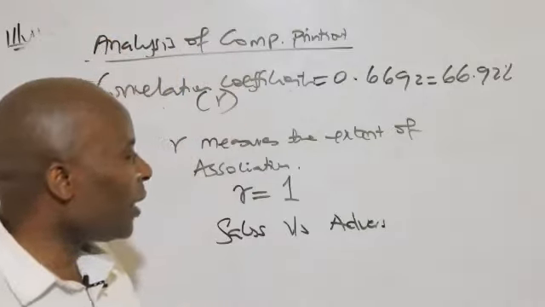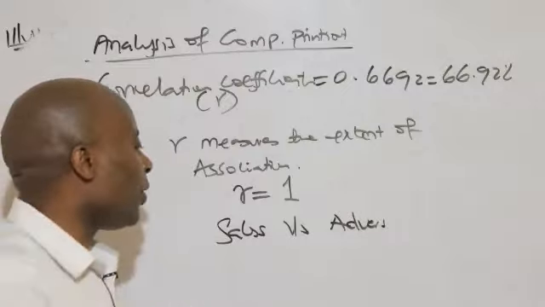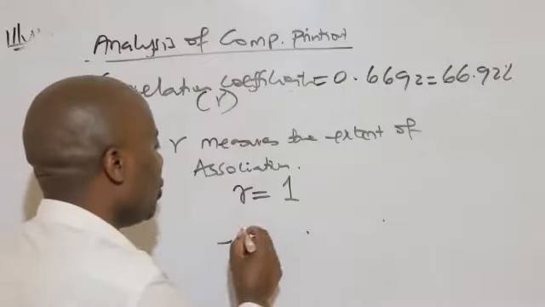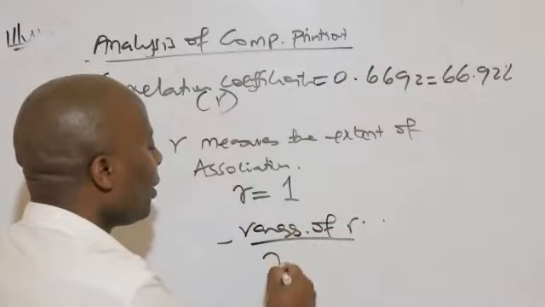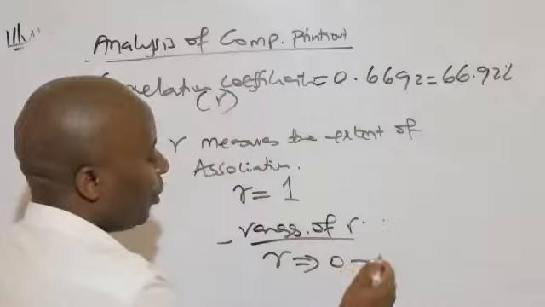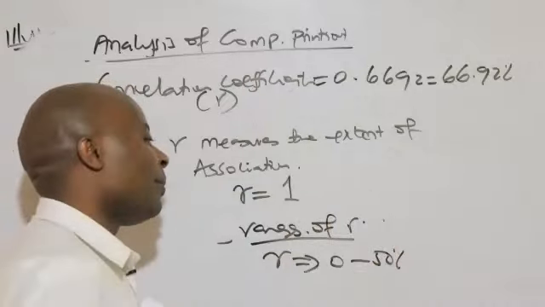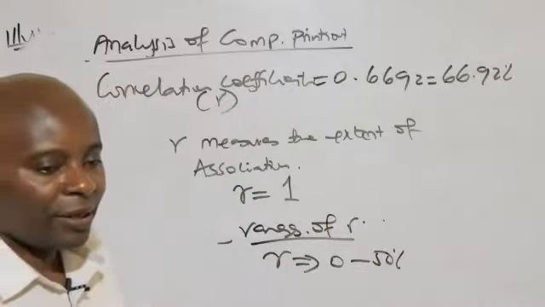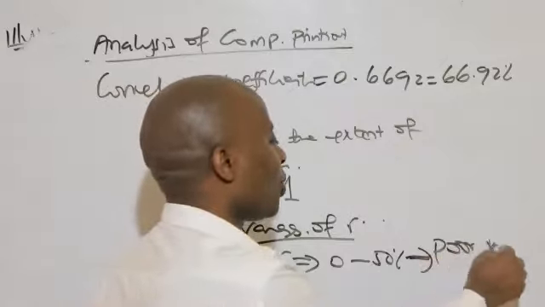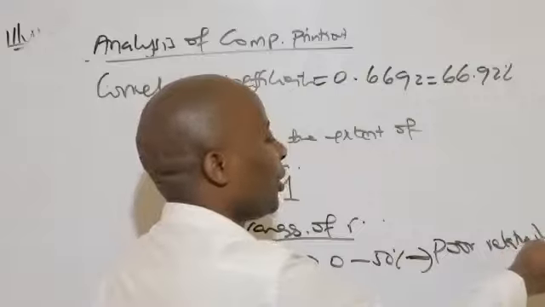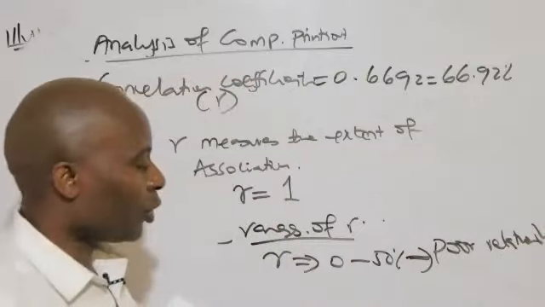So ladies and gentlemen, whenever we have our R, remember the ranges of our R. When R falls between 0 all the way but less than 50%, this is a poor relationship.